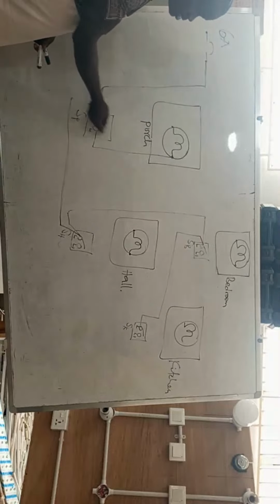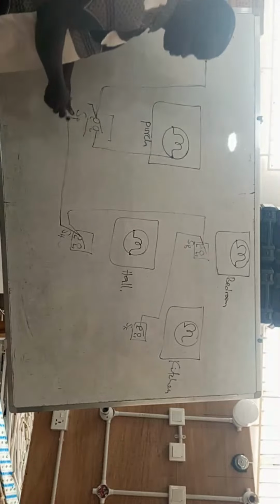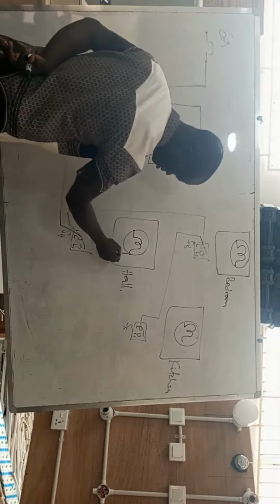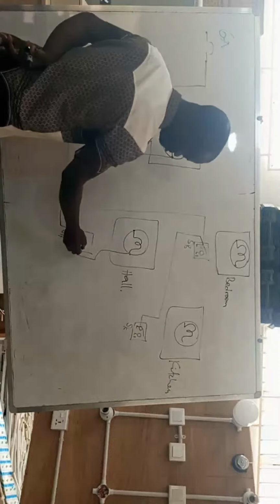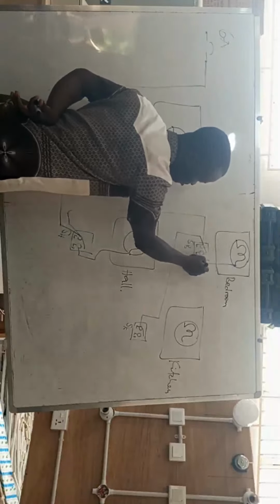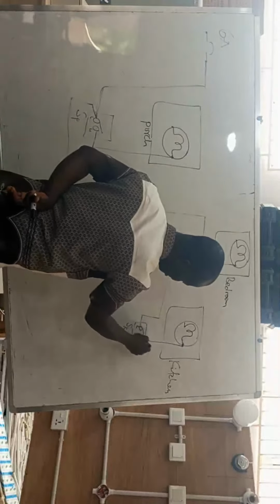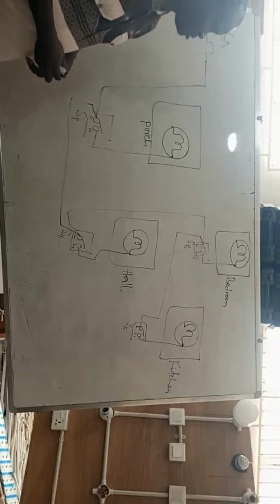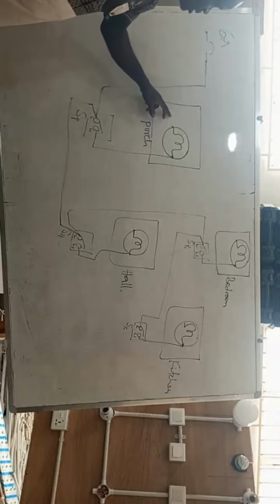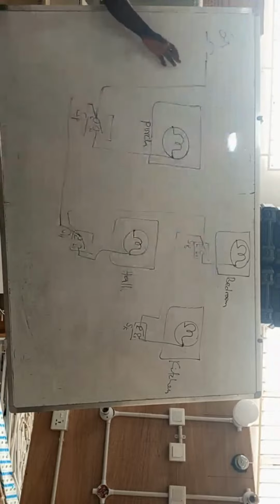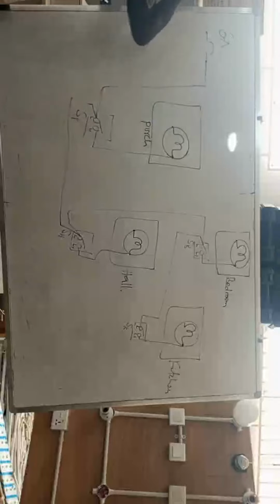So L1 to lamp. Here also we do the same thing. L1 to lamp. Here too we do the same thing. Then here also we do the same thing. Now, the second terminal that is left here is what we are going to connect our neutrals to.